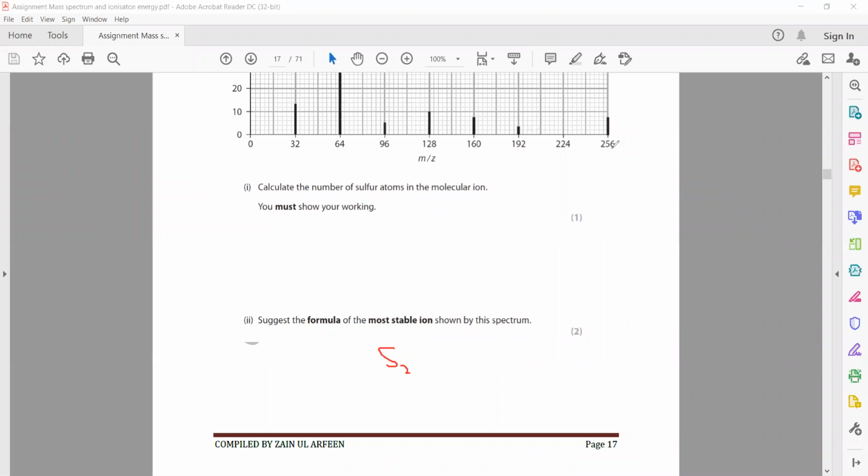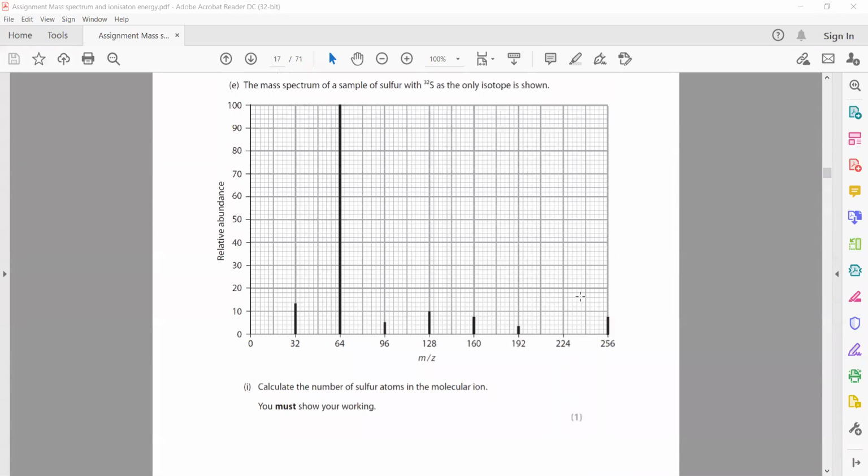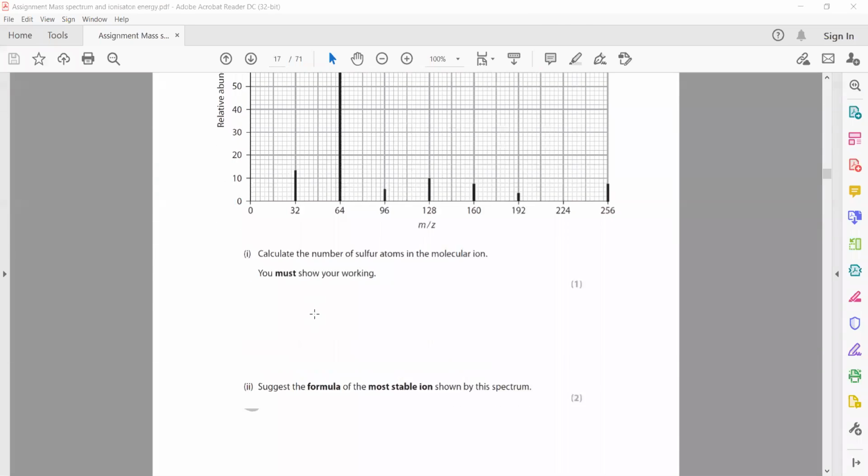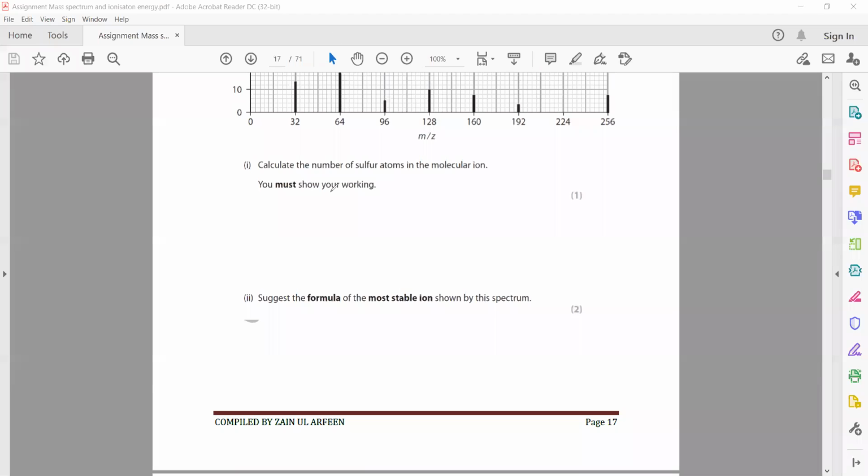And the molecular ion peak, this one 256 is there, so 256 divided by 32, we'll get 8 sulfur atoms, because in this part they're asking for the number of atoms in the molecular ion. The molecular ion is the highest one for mass to charge ratio, and here the most stable one is S2 with a charge plus 1.